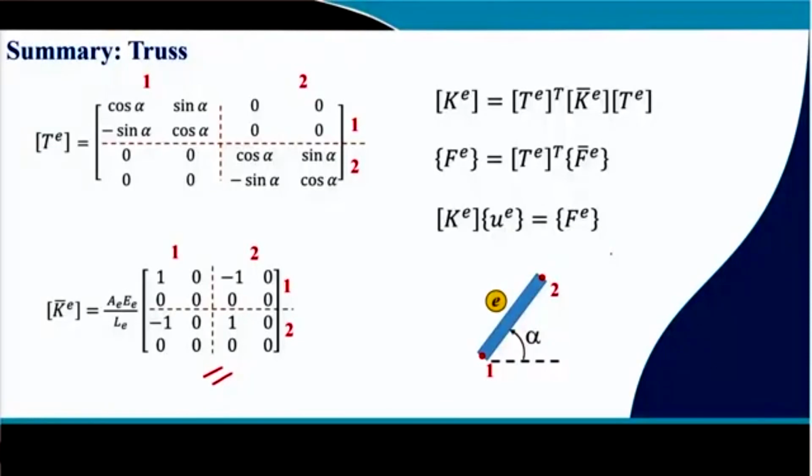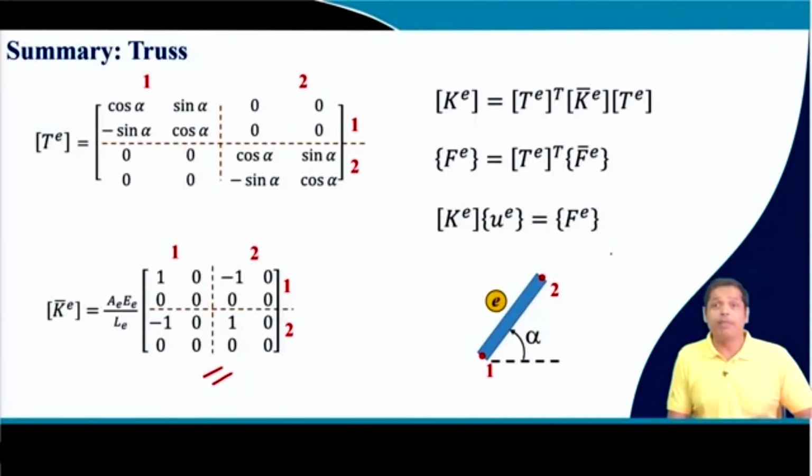Next, we'll take one relatively simpler example, maybe with 2 or 3 members in the structure, and try to analyze it. Whatever equations we have so far, we'll use them to find the solution of that problem manually.